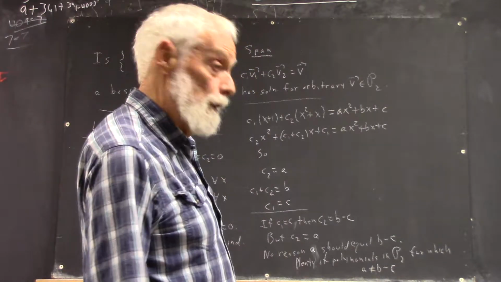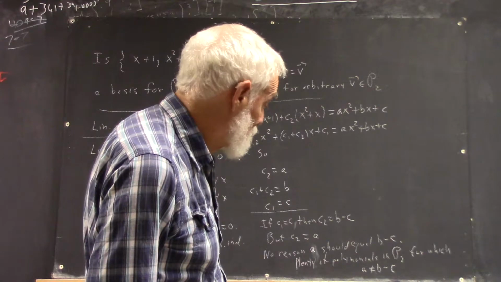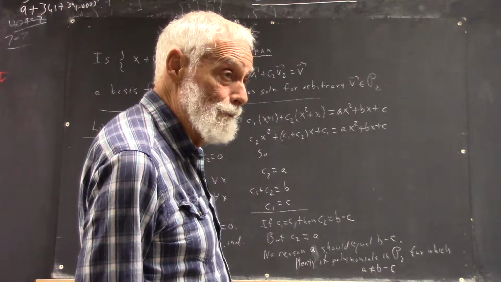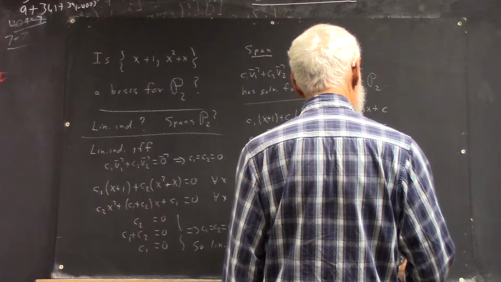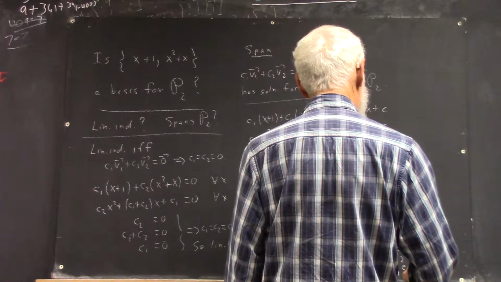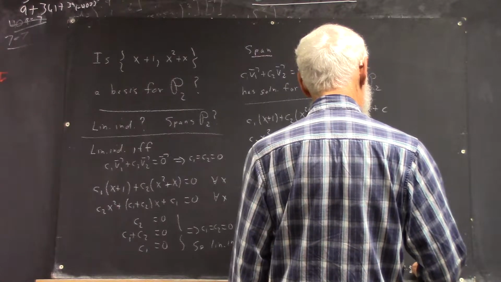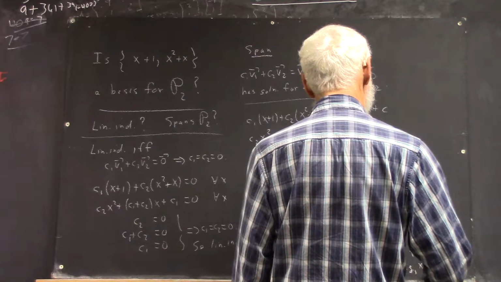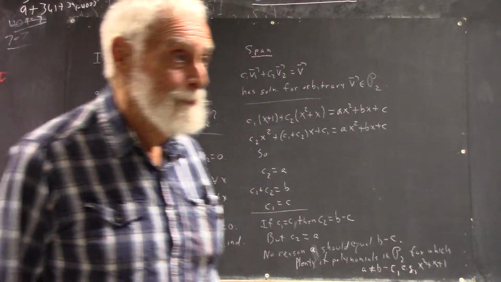As a matter of fact, almost any polynomial you make up is going to have a not equal to b minus c. Just as a very simple example, x squared plus x plus 1.